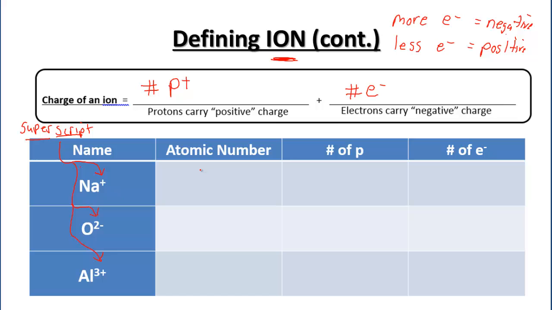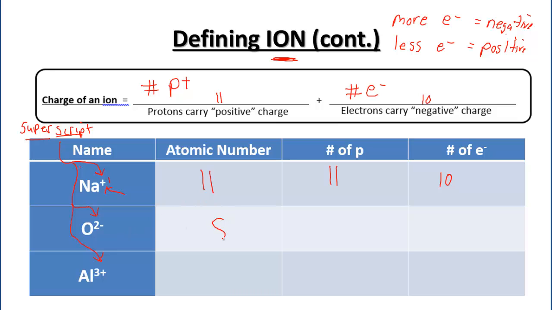So sodium, element 11 on the periodic table, must have 11 protons. But now since we have a positive charge here, to get a positive, you must have more protons than electrons. And since there's no number, we assume that it's number 1 there, but we don't write the 1 in. So 10 electrons, 11 protons to give us that 1 positive charge.